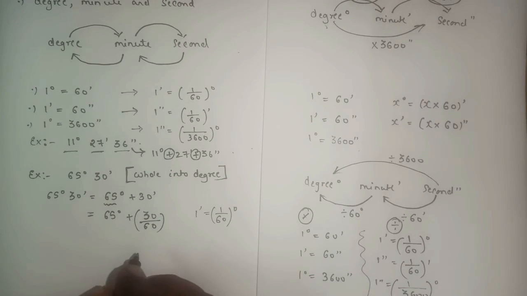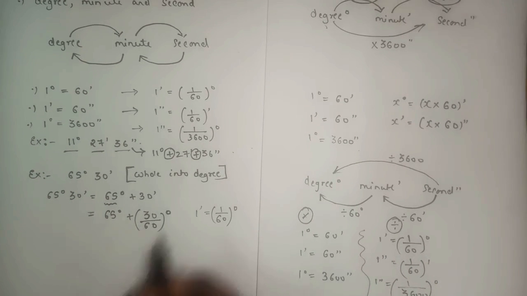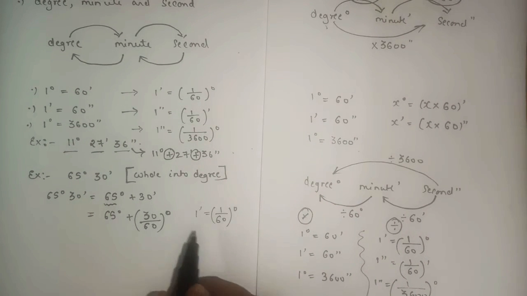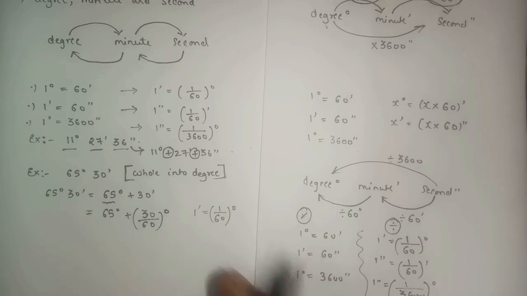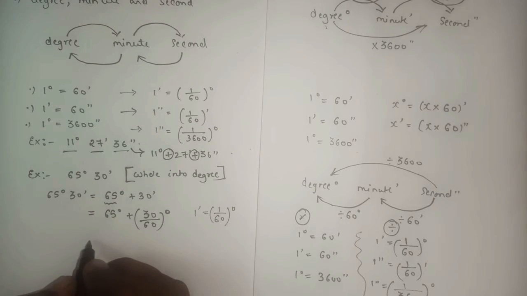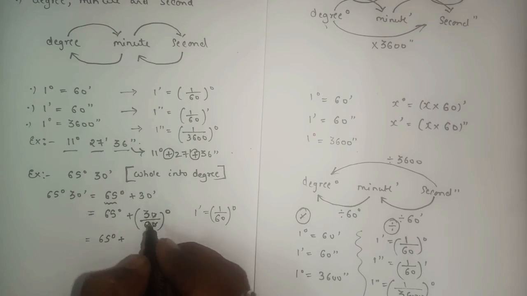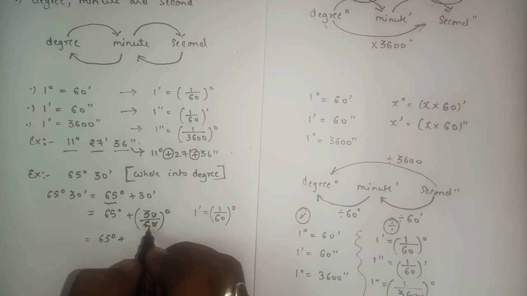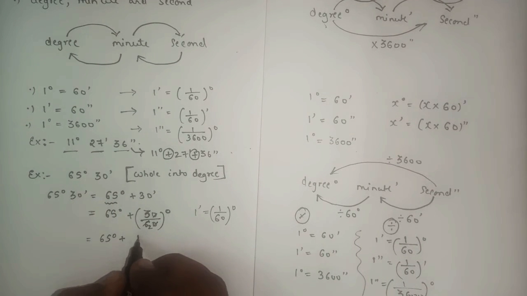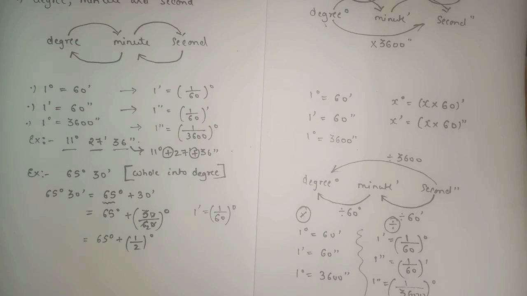As you divide by 60, it will get converted into degree, because 1 minute is equal to 1 upon 60 degree. Got the point? After this, clearly we can see that the 0 will get cancelled, 3 ones are 3, 3 twos are 6, so we are left with 1 by 2 degree.